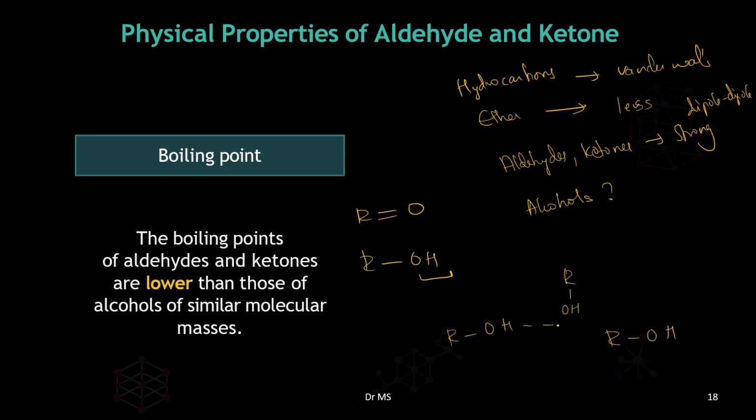So that will make a group of molecules. And this strong interaction will make them stick together. They will not be widespread, they will be close to each other. Understood? So what is the reason? It's because of this strong hydrogen bonding network that is seen in the alcohols.